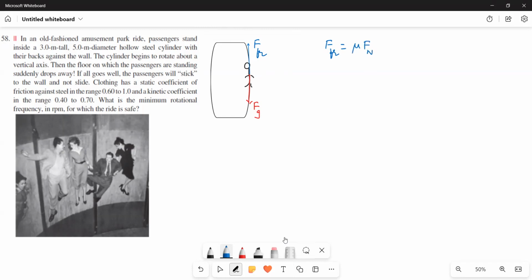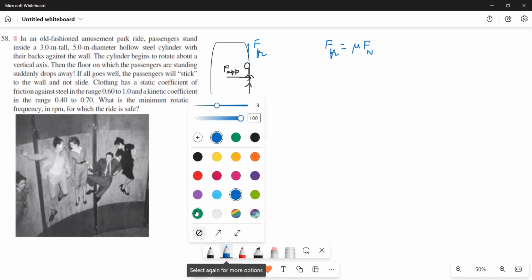Here we will write the other forces. The person is pushing himself against the wall, so that is the F applied. And then the other force is the force applied by the wall.